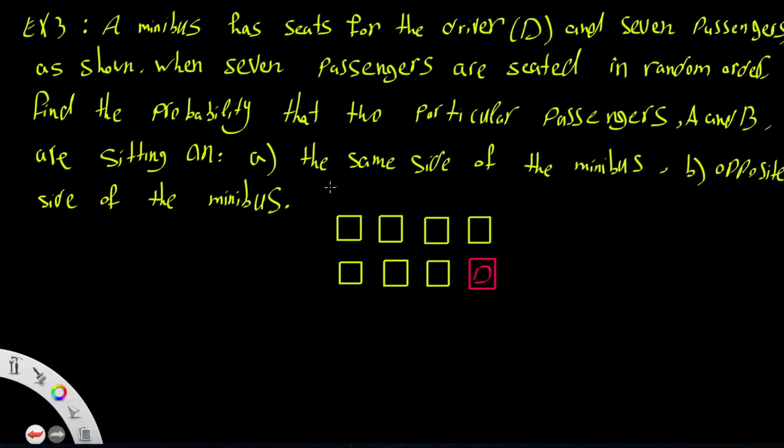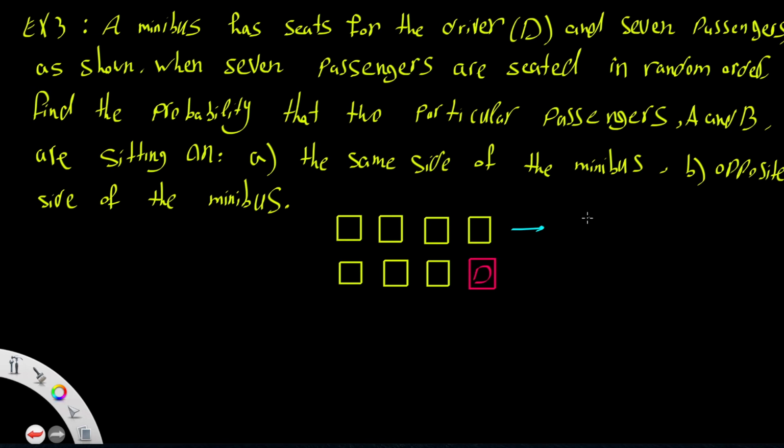Now let's subdivide into cases first. The two particular passengers sitting on this side. As you see on this side, there are 4 seats available, so they can have permutation among these 4 seats.